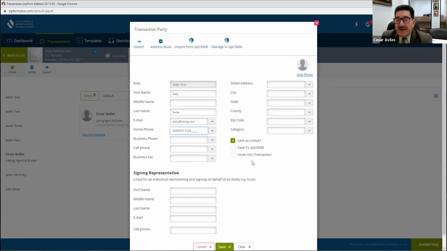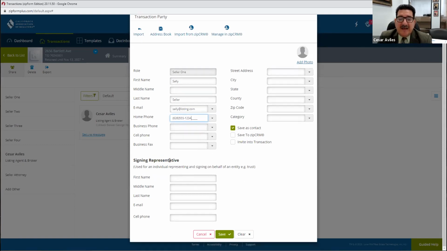Now, in this screen, if for any reason you're selling a property that is owned by a corporation, a probate, or an entity, an LLC, you will put here the name of that LLC, the name of the trust, anything else, and then here the signing representative.